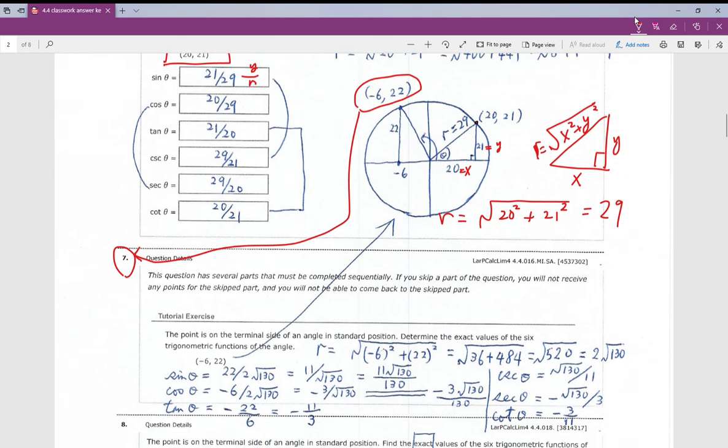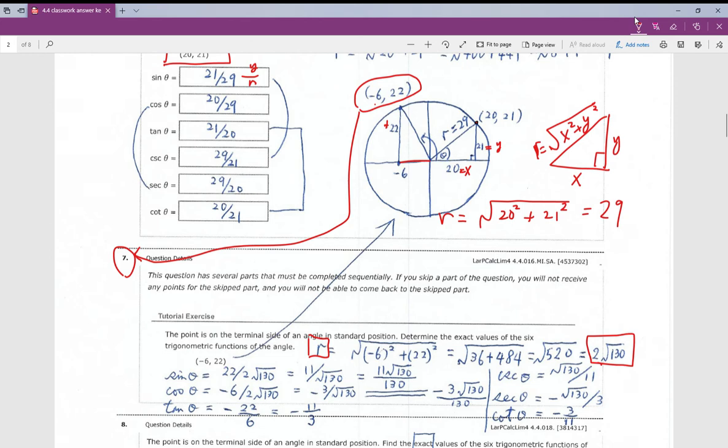Number 7. When your x-coordinate is negative, then it should be on the negative side. And the y is positive, then it should be up. And then also you need to find out what's the radius. So follow the Pythagorean theorem, and then you need to simplify to find your radius.